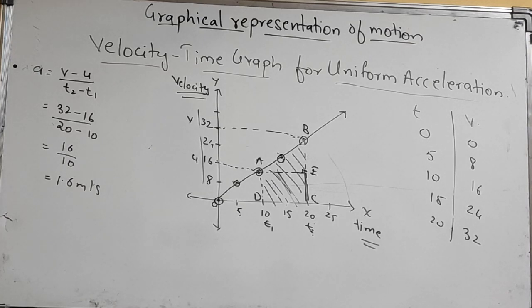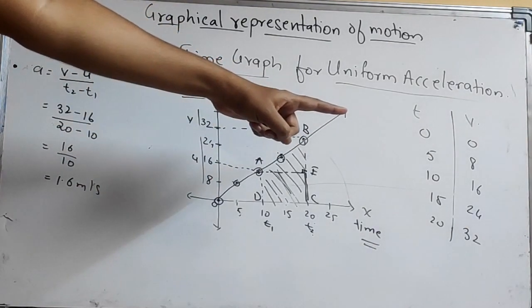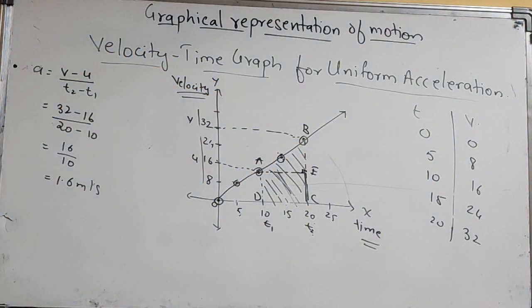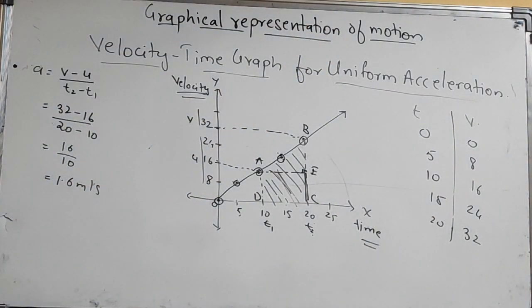Now students, our acceleration here is positive because the speed is increasing. See, from 0 it went to 8, then 16, then 24 and 32. Since the acceleration is positive, our graph moves in this way. Just imagine what will happen if our acceleration is negative. Here the vehicle is moving ahead.